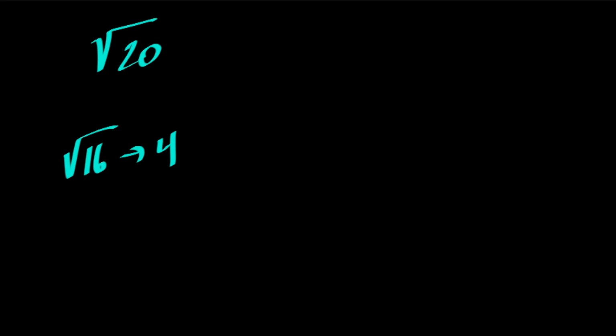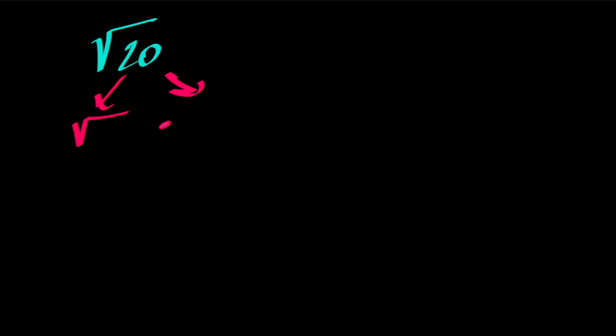So here's what we can do. If you have a radical with a non-perfect square, like the number 20, you can break your radical down into two numbers that are being multiplied together, but they're still under a radical.